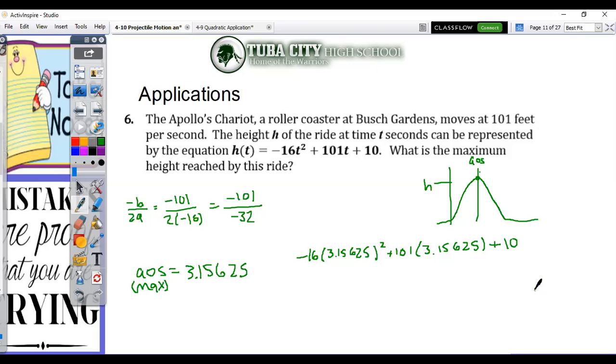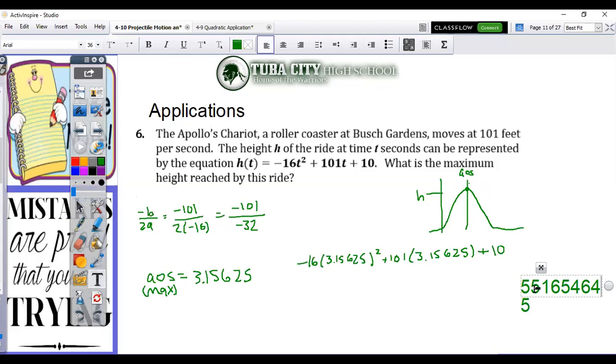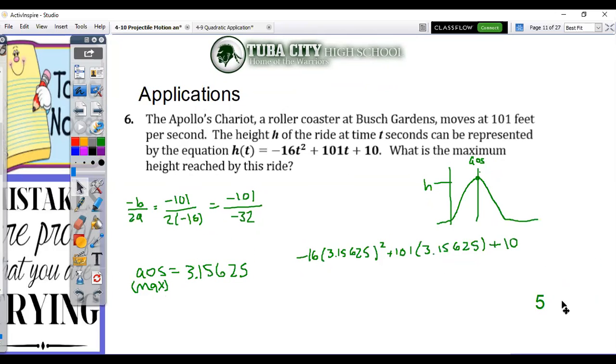Okay, so let's use my calculator and calculate this. Sorry, it looked like it accidentally went off screen. Okay, there we go. I got it.